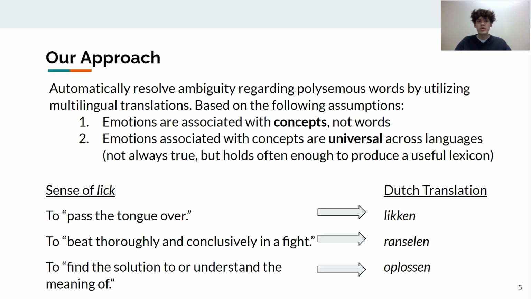With our approach, we try to automatically resolve ambiguity regarding polysemous words by utilizing multilingual translations, and this idea is based on the two following assumptions. The first is that emotions are associated with concepts, not words. And this is the same assumption used to create any synset-level lexicon. The second assumption is that the emotions associated with concepts are universal across languages.